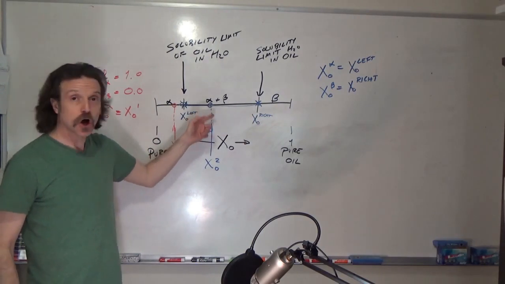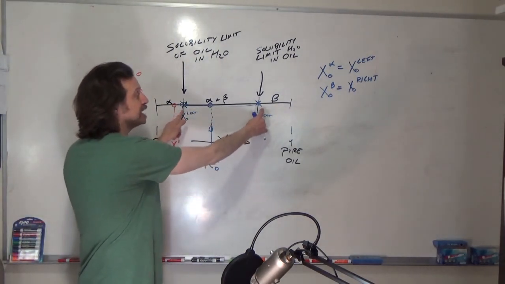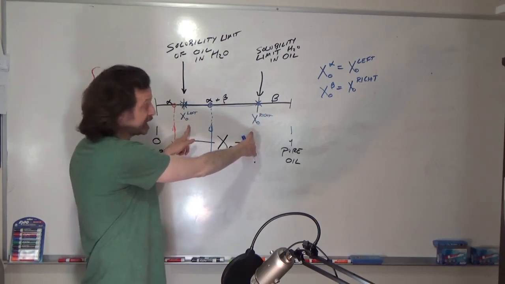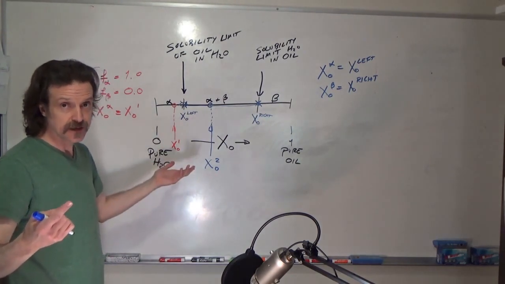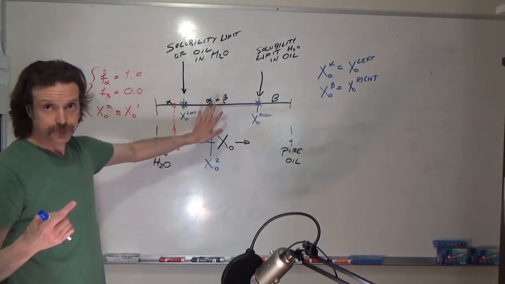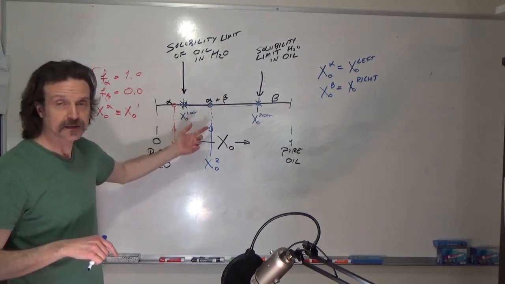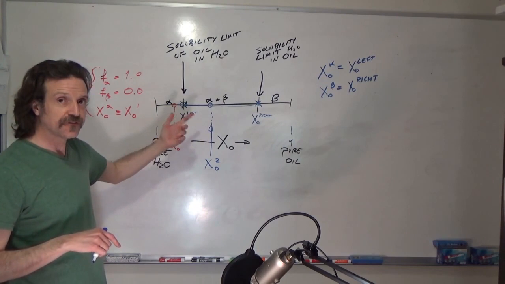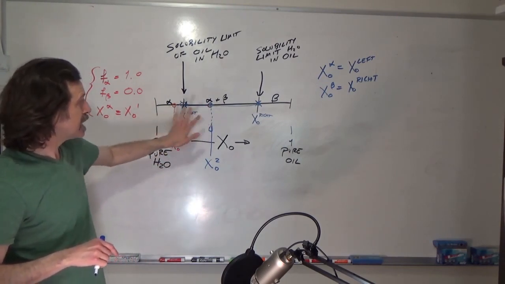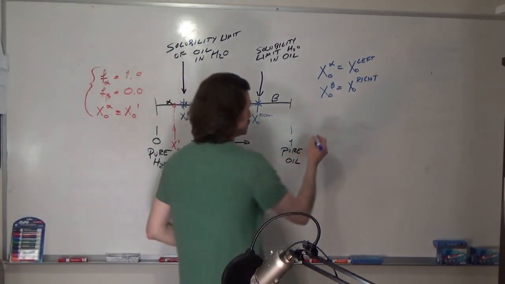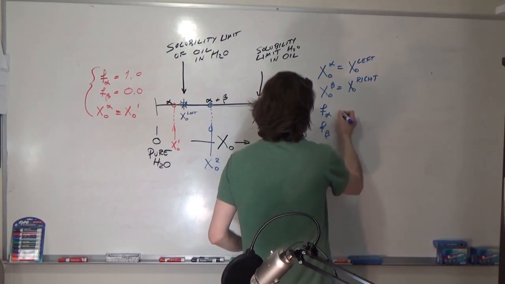So anytime that you're talking about a two-phase region, you can basically look at the left and the right sides of that and read what the composition is of the phases present. So now let's go back and let's talk about what the phase fractions are. So what fraction is alpha and what fraction is beta? So F sub alpha and F sub beta.